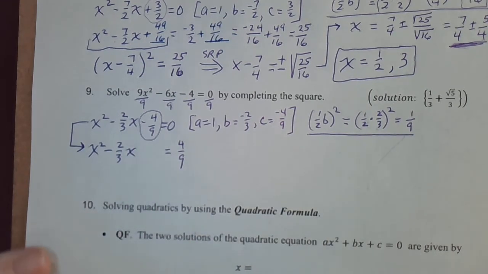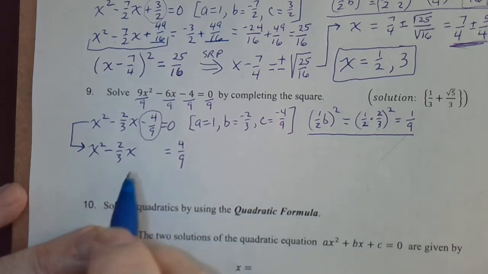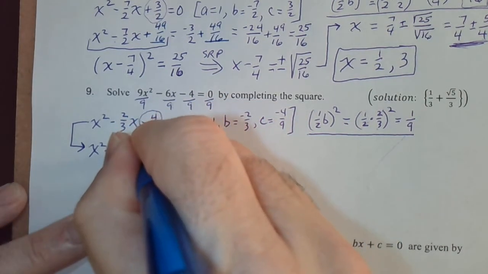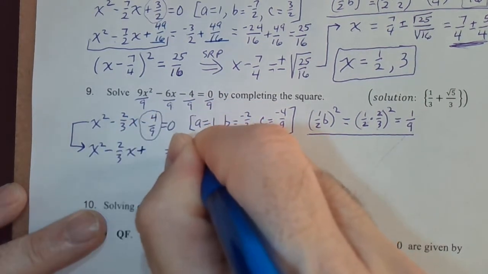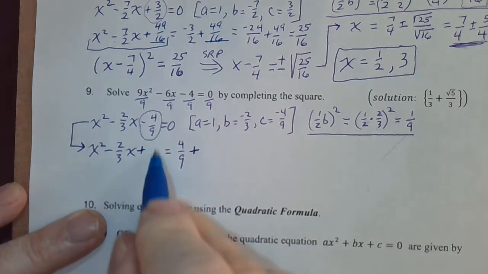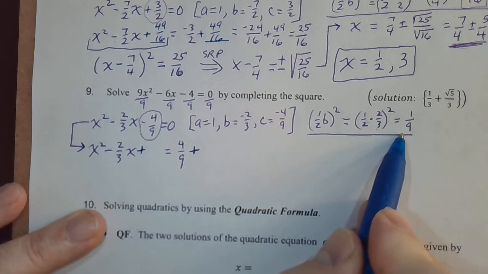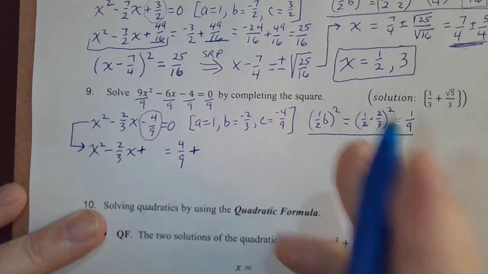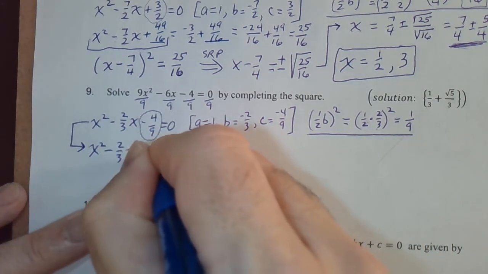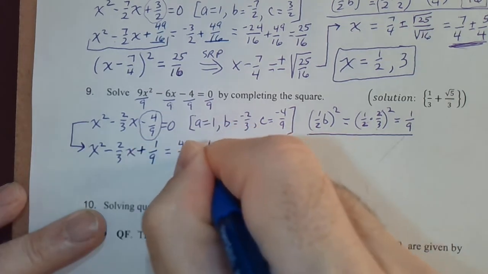And now, what do I do to complete the square? I add the same number to both sides. It's the number that would complete the square here. It's this, 1 over 9, on both sides.